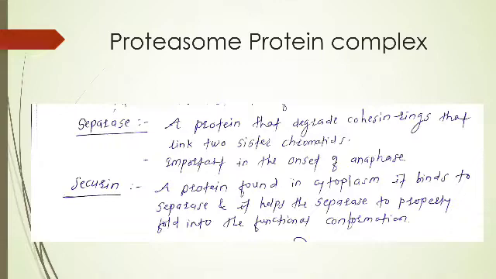The meaning of this is that without the help of securin, separase cannot perform its work. That means without securin, separase is not able to degrade cohesin. So separase needs securin for the degradation of the cohesin.